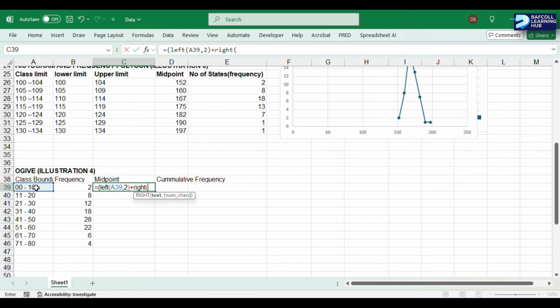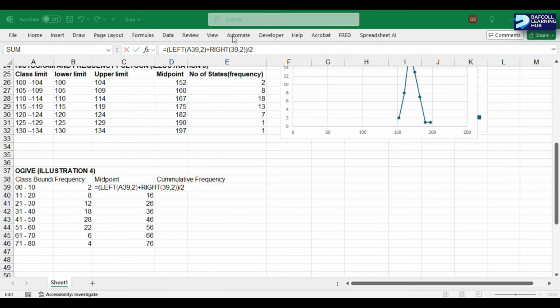So the same one, divided by 2. I hit enter. All right, so my midpoint, oh sorry, so over here it has to be B39.